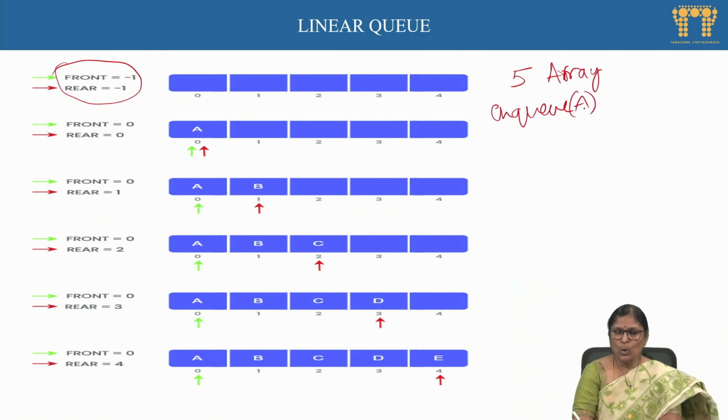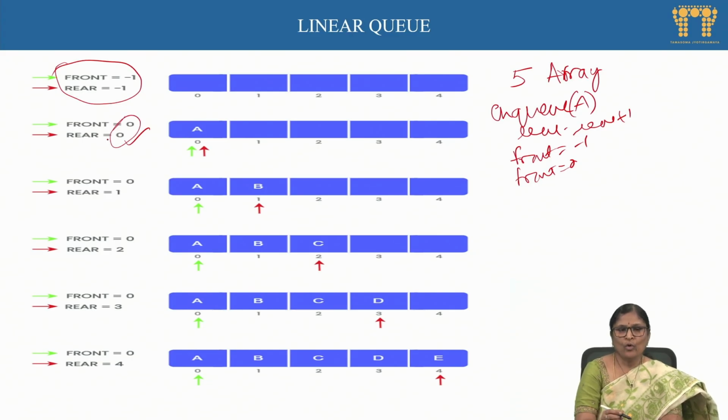When I say enqueue of A, you are going to increment your rear, so rear equals rear plus 1, and if your front is equal to -1, make front equal to 0. Whenever you want to insert an element, increment your rear, then place the element at that position.